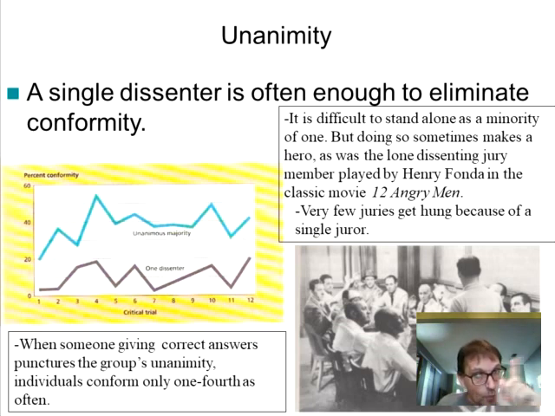As you can see, the blue line is if all 5 before the participant were unanimous, and this is conformity. But if you have just that one person, look at what happens to conformity. It just drops dramatically. So a single dissenter is often enough to eliminate the conformity, but in reality, single dissenters aren't that common.